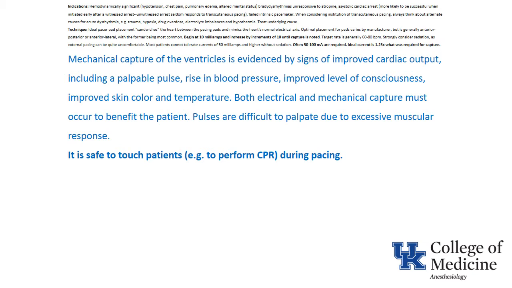The external pacing should be evaluated by palpating a pulse and other physical examination criteria. It is safe to touch the patient during pacing.